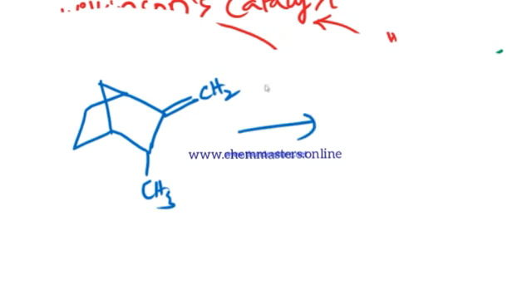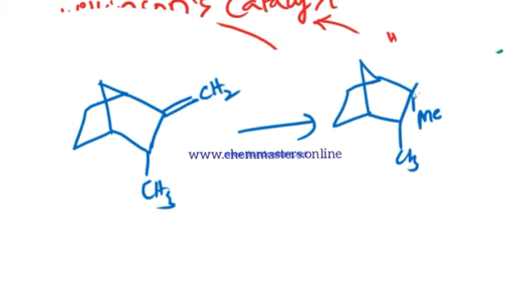Now whenever we apply Wilkinson's catalyst, in general we have two possible products. One has a methyl group here, and here CH3, and the other one has CH3, CH3 and hydrogen.